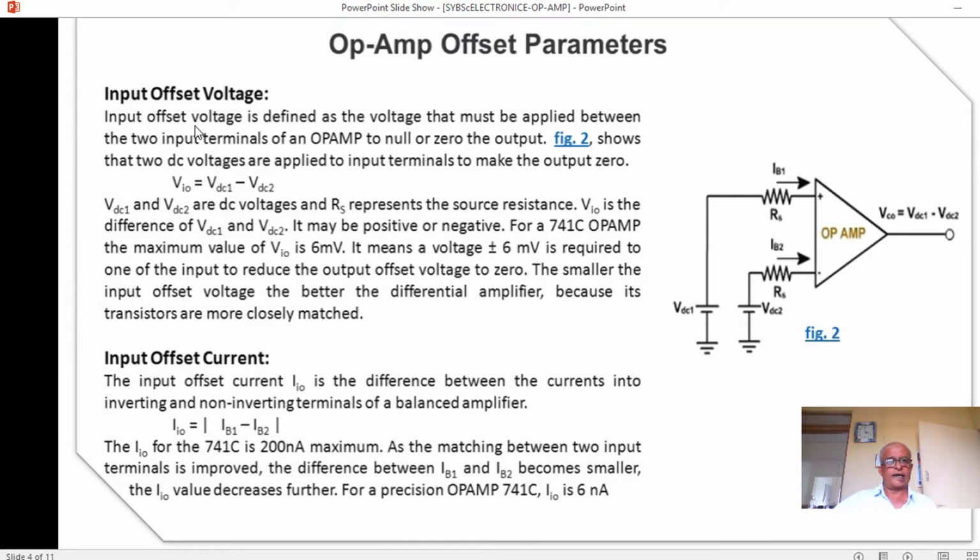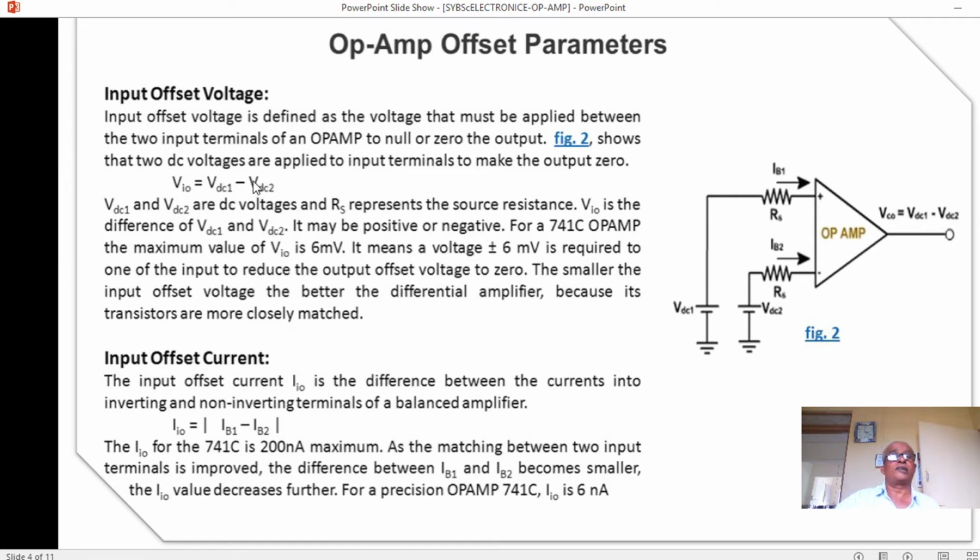So in this diagram, we can now define input offset voltage. The voltage that we want to apply, VIO, V for voltage, I input, O offset. Input offset voltage is the difference between the two sources, VDC1 which is connected to the non-inverting terminal minus VDC2 which is connected to the inverting terminal.